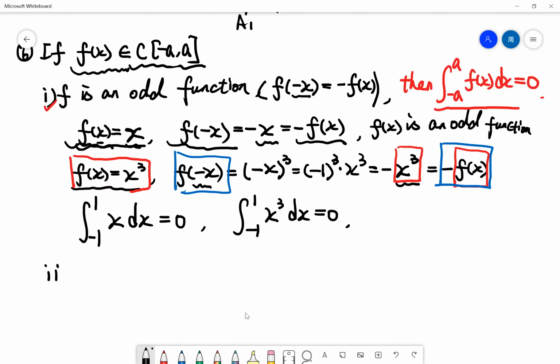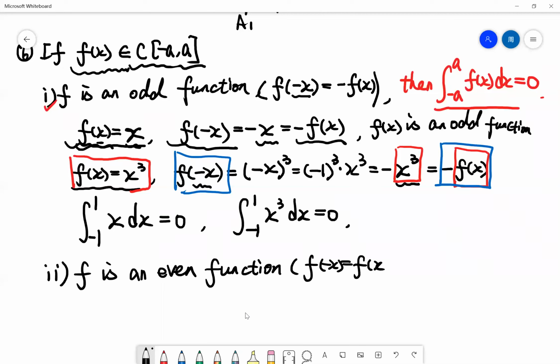And the second part is, f is an even function. Even function means f of minus x equals f of x. I will give you an example here. For example, if f of x equals x power 2.